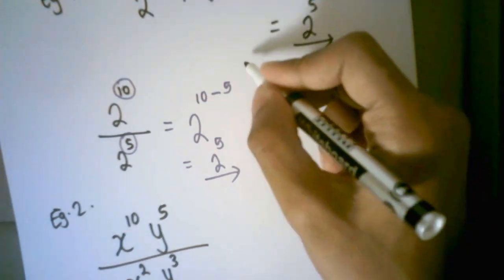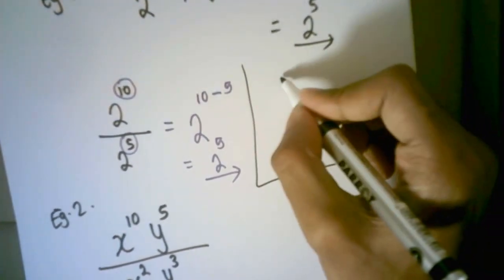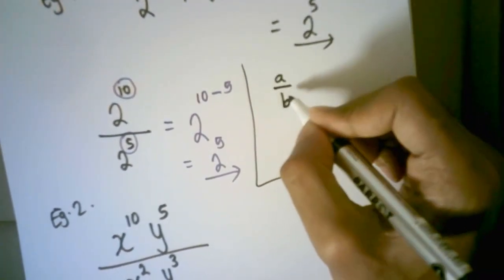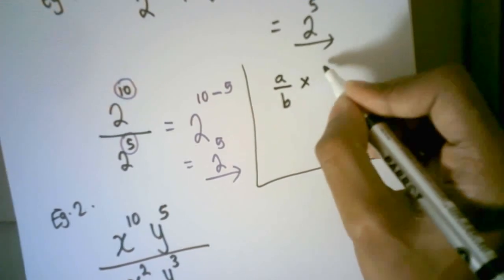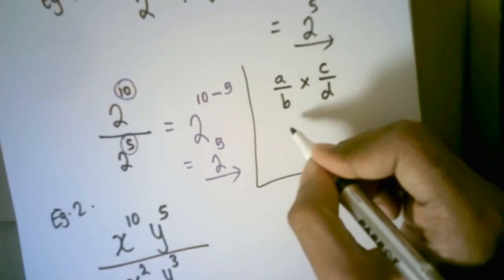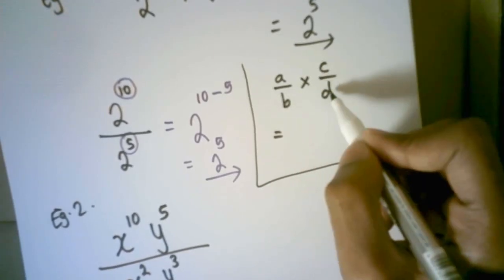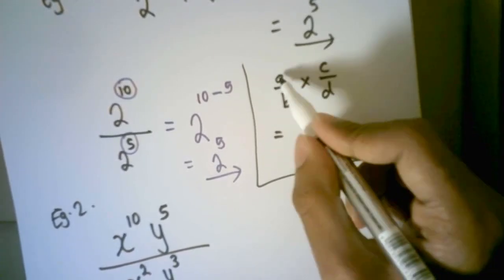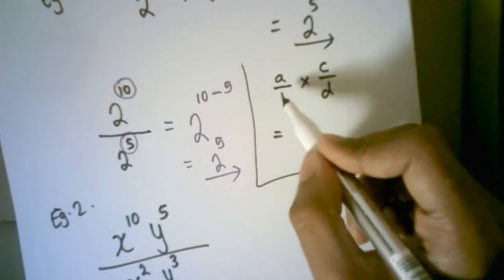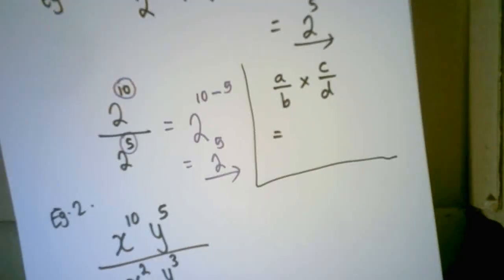In term 1 we actually looked at that. For example, if I have a over b times c over d, how do I multiply these fractions out? I multiply numerator by numerator, all over denominator by denominator. And then, of course, my final answer I can simplify from there.